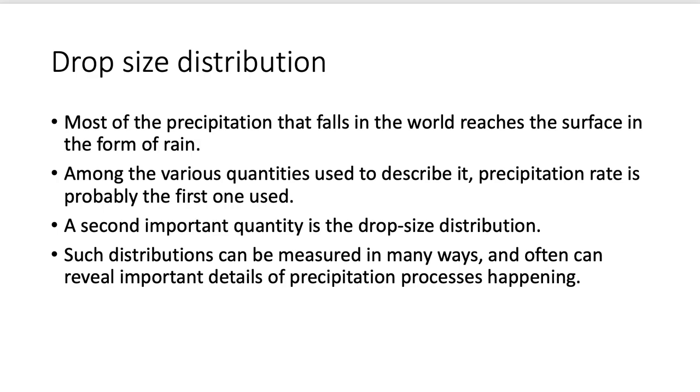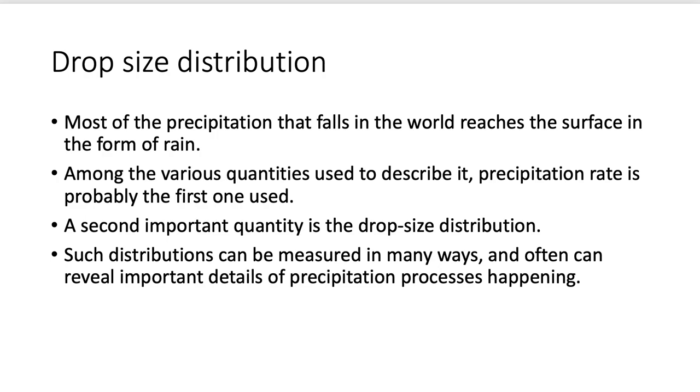And typically we use a quantity called precipitation rate to quantify how much it is raining in a particular area. And this gives you some idea about the intensity of the rainfall, which indirectly tells you something about the intensity of the processes that led to the formation of the rain.